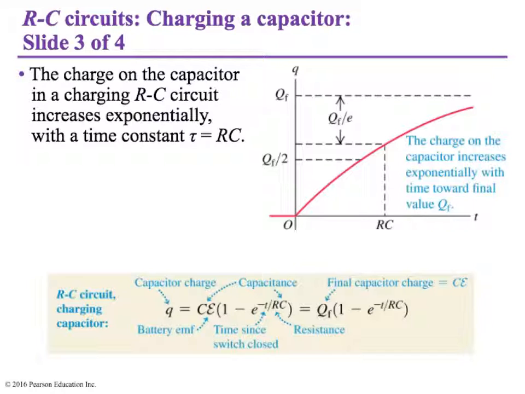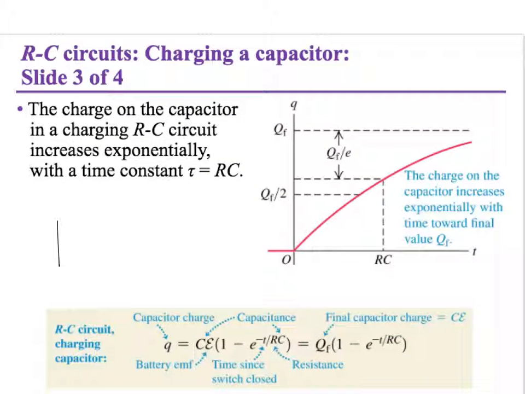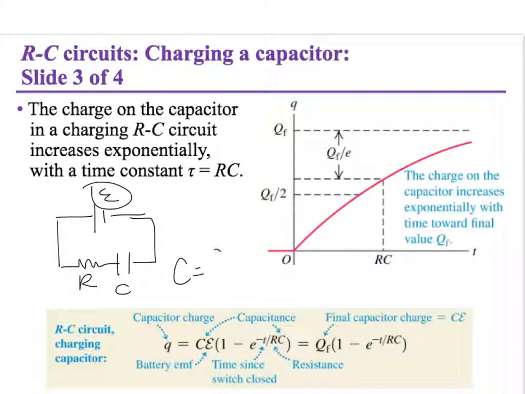Notice that if we had the circuit with the battery, the resistor, and the capacitor, when the capacitor is fully charged, the potential difference across the capacitor will equal that of the battery, and then using the definition of capacitance, the charge would be equal to C times V, which is the EMF of the battery. And so you see this expression right here.